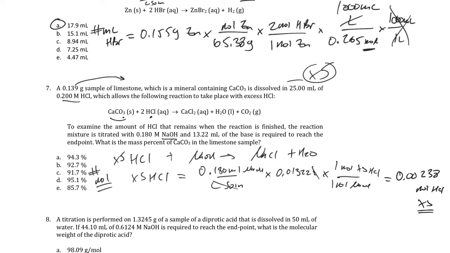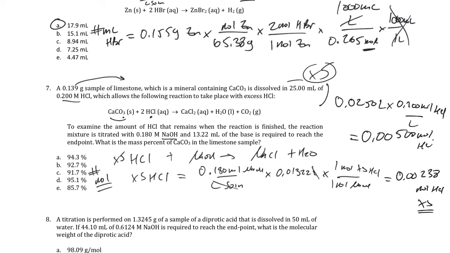Okay, now from the amount that's in excess, how much did we initially add? We initially added 0.0250 liters times 0.2 moles per liter HCl. So we initially added 0.025 times 0.2, which is 0.00500 moles of HCl.